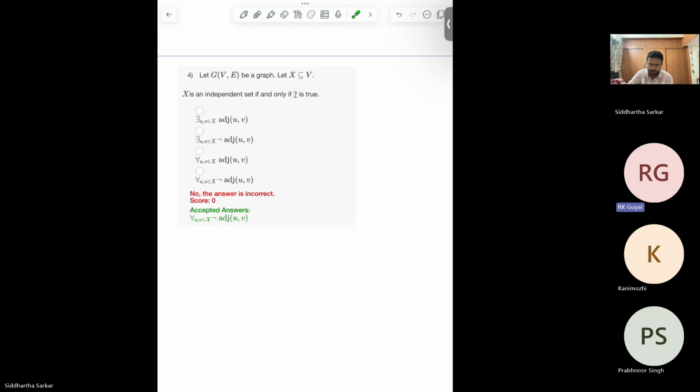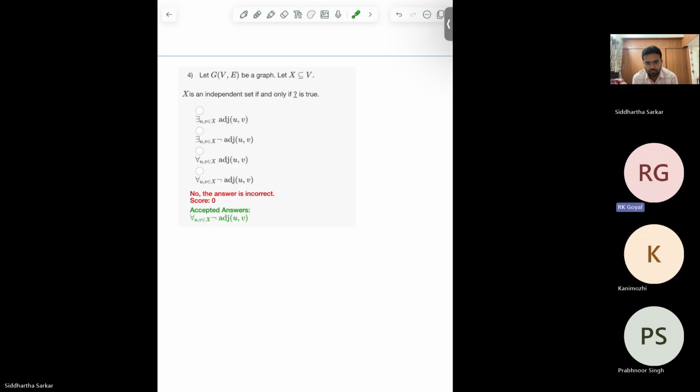If X is an independent set, then there cannot exist U and V, elements of the set X, such that there is connectivity between U and V. So the second option is correct, as it is written below in the answer. And the third one says that for all U's and V's there should be connectivity. It can never be true.